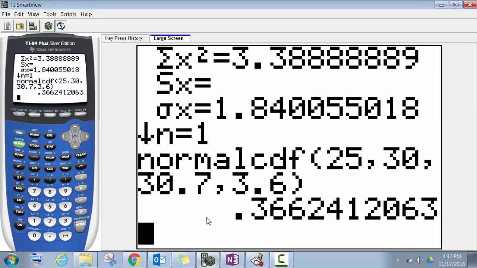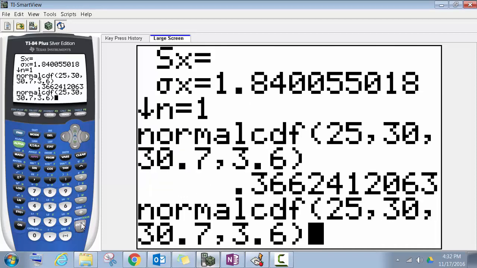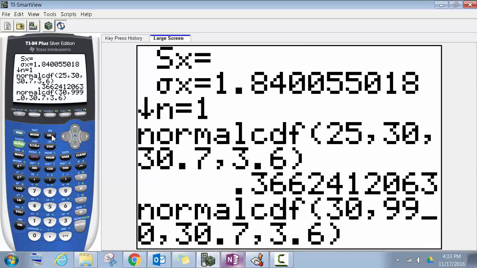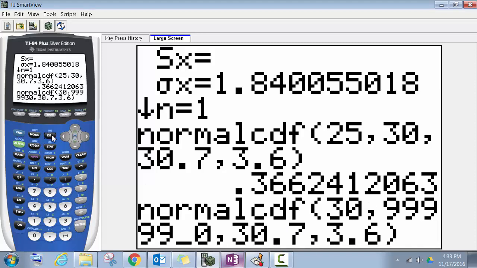Except our lower limit now is 30, and our upper limit is infinity. So I can do second entry, and my version of infinity is just a bunch of 9s.